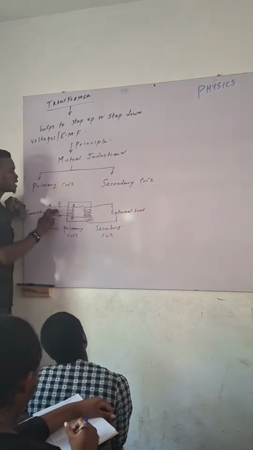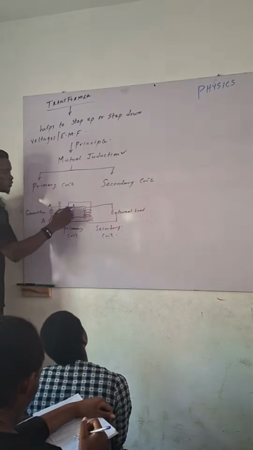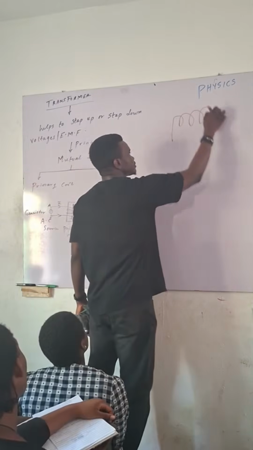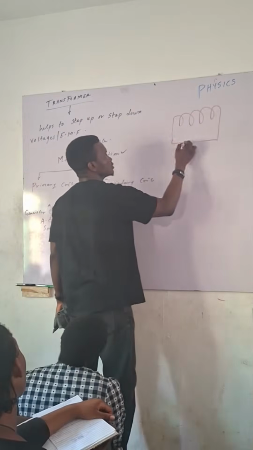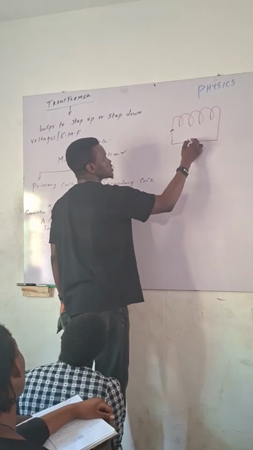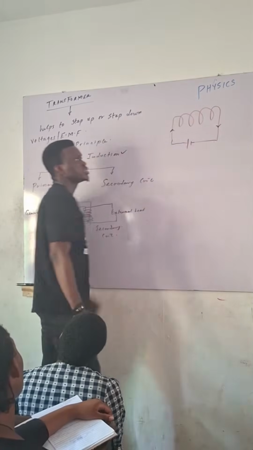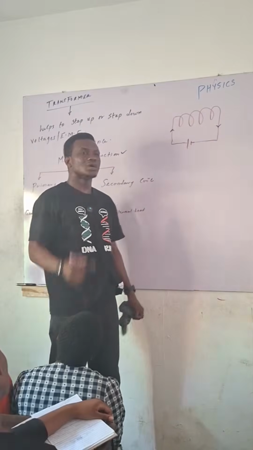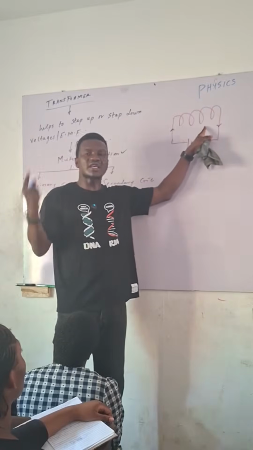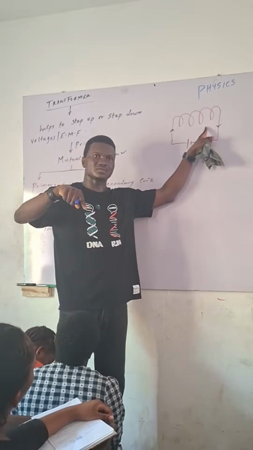If current keeps changing, one thing will happen. As the current is flowing here, do you remember what we did here last time? If current is flowing in this manner through this coil, we said we'll generate magnetism. And when I told you then, I said this is a solenoid. The magnetic field around the solenoid, I said it is just like that of a bar magnet.